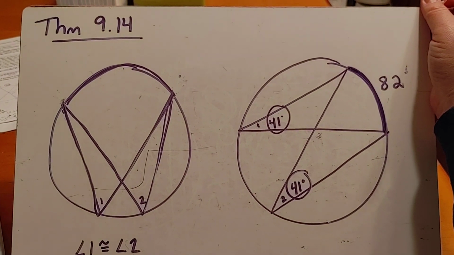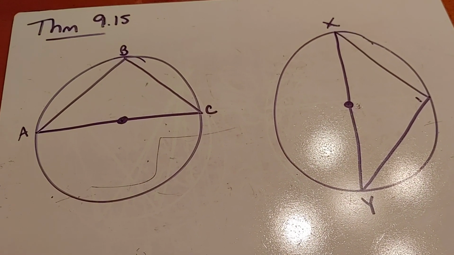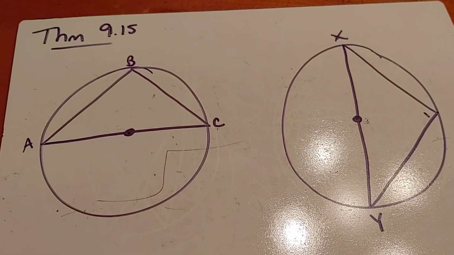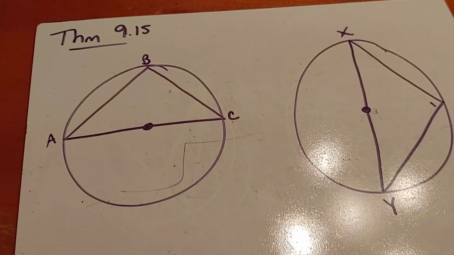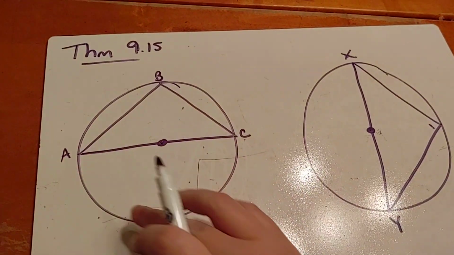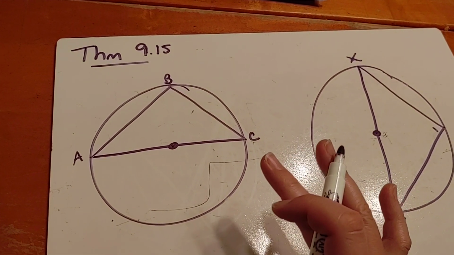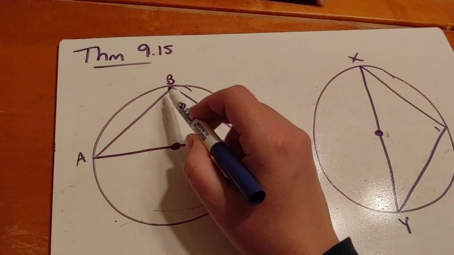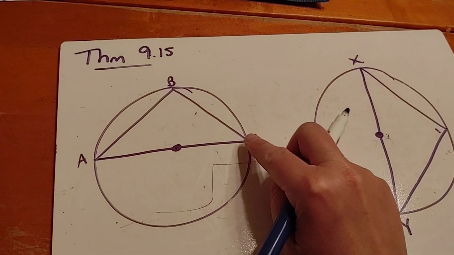All right, next theorem, theorem 9.15. An angle inscribed in a semicircle is a right angle. All right, let's look at our picture that represents our theorem. So first of all, how do I know I have an angle inscribed in a semicircle? This angle right here, angle ABC, is intercepting this arc, arc AC.